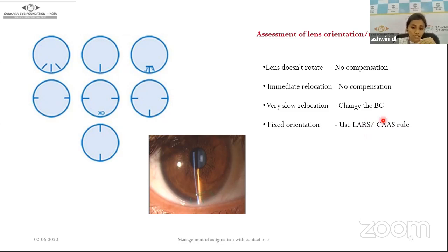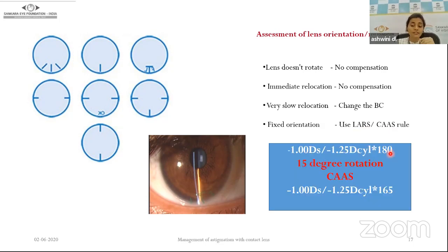Or else you can follow the CAST rule. That is, if the orientation mark has moved clockwise, then you add the amount of rotation to the spectacle prescription. In case it has moved anti-clockwise, then you subtract the amount of rotation from the spectacle prescription.